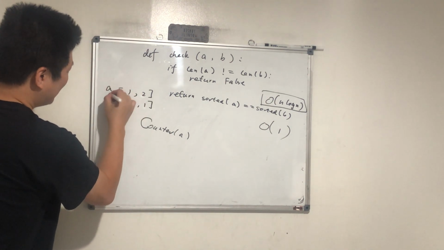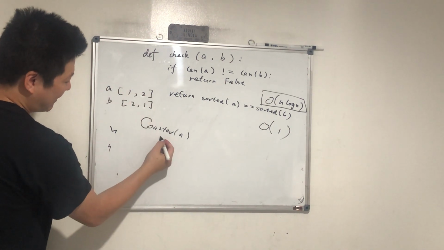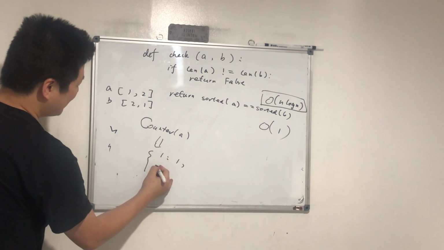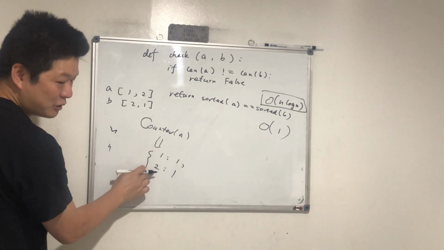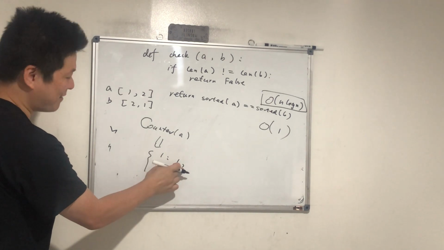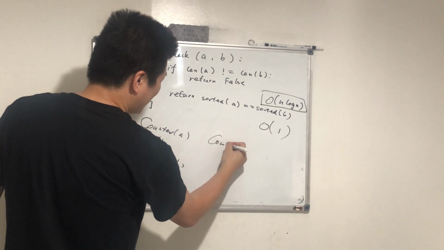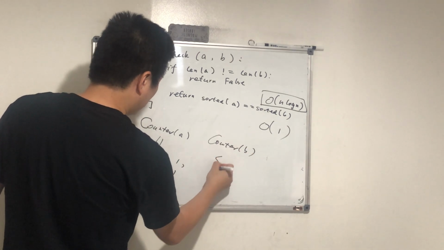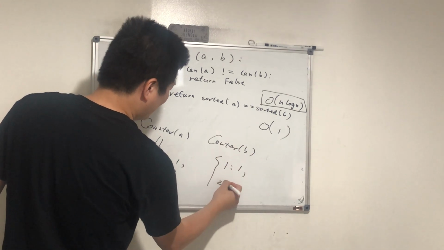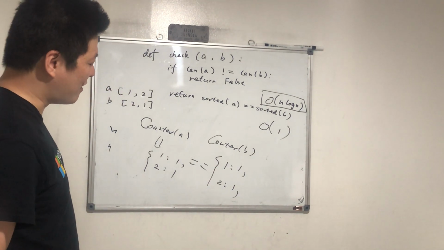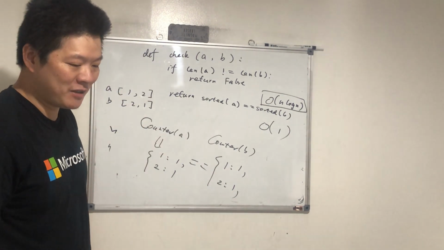Counter A gives us 1 appears one time, 2 appears one time. And counter B equals the same, 1, 1, 2, 1. So they are the same. So I can replace sorted with what keyword?